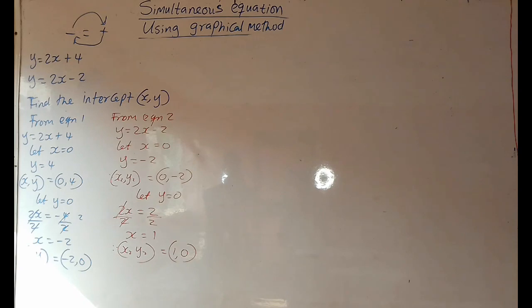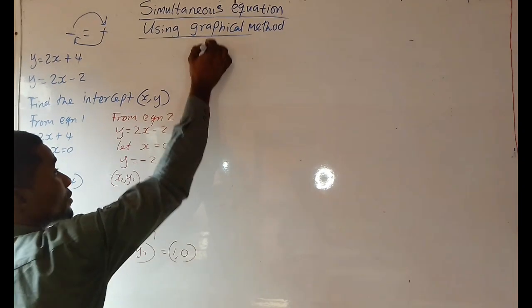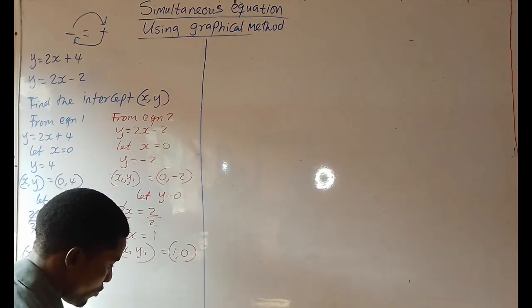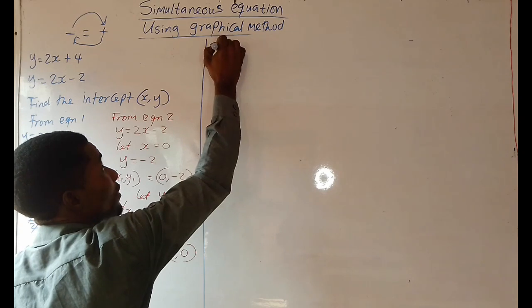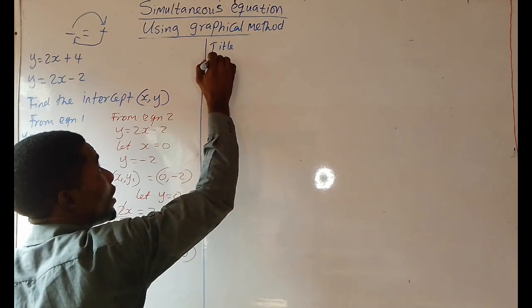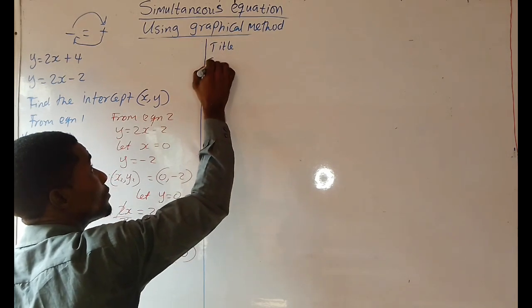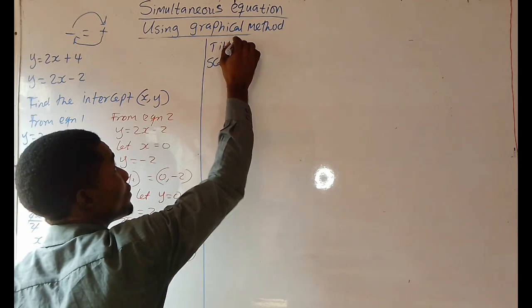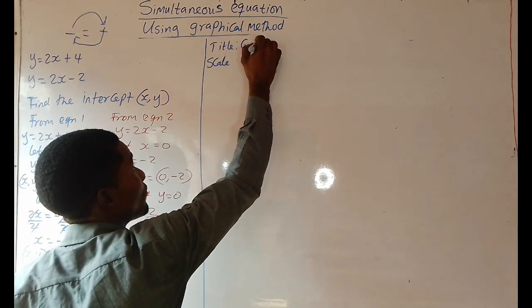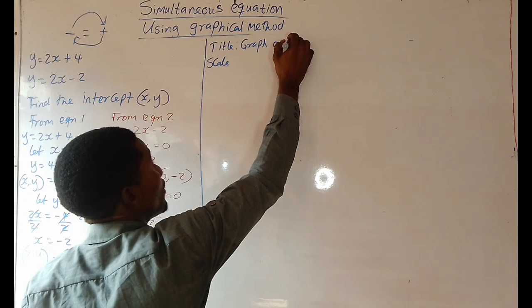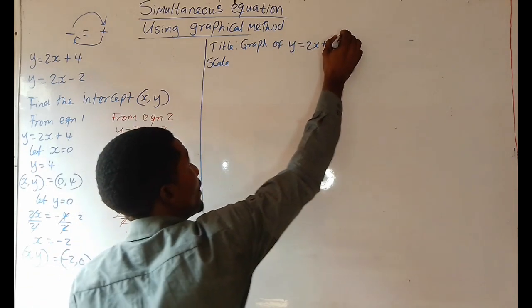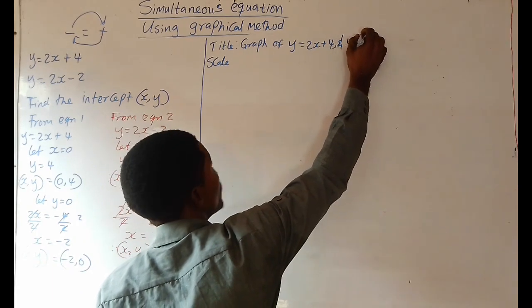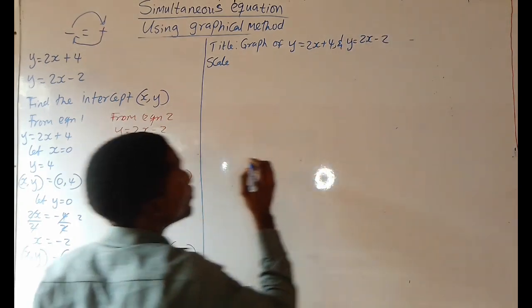Now let's represent these intercepts on our Cartesian plane. We have our title and our scale. The title is graph of y equals 2x plus 4 and y equals 2x minus 2.